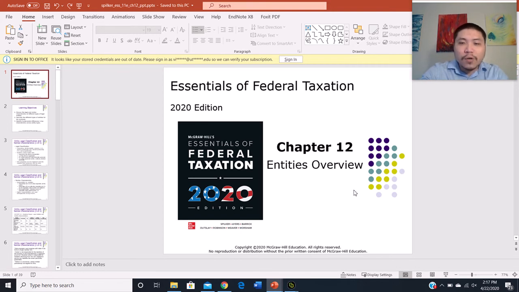So the goal is to introduce a broad view of what is available out there, and what the main differences are between one entity compared to others, right? I know in the book, they discuss a lot of stuff, and chapter 12 is pretty heavy on the concepts.